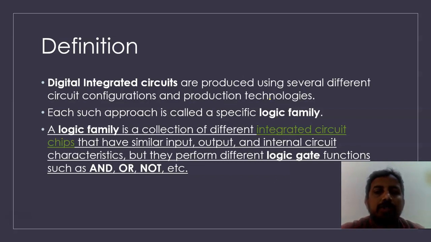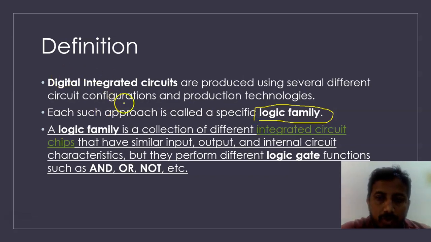And production technology is the technology which is used to produce that. Whatever technology you use, it will be taken into consideration. Each such approach is called one logic family. This is the definition of a logic family: several different circuit combinations and digital technologies.